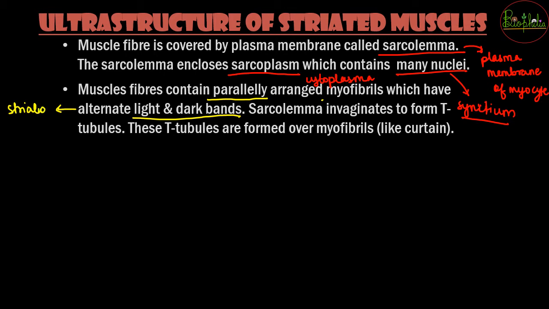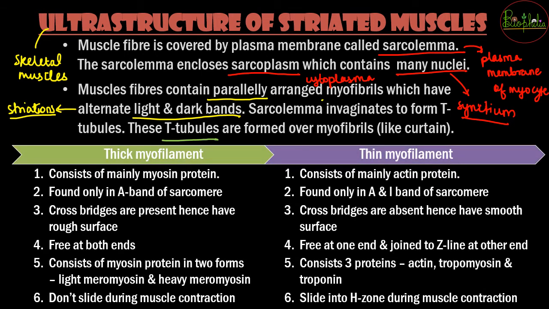These are called striations, and these striations are greatly present in the skeletal muscles. So striated muscles क्या है? These are nothing but your skeletal muscles. So skeletal muscles, one more name for them, that is the voluntary muscles, and over these you are also going to have the T tubules which are going to be formed over the myofibrils just like a curtain. So that was about the ultrastructure.